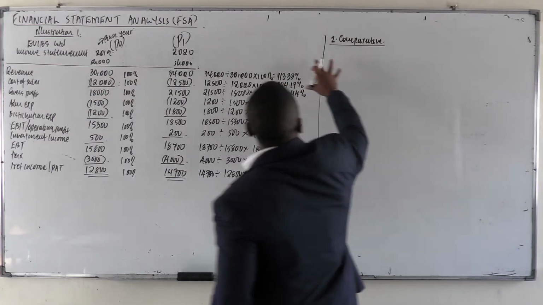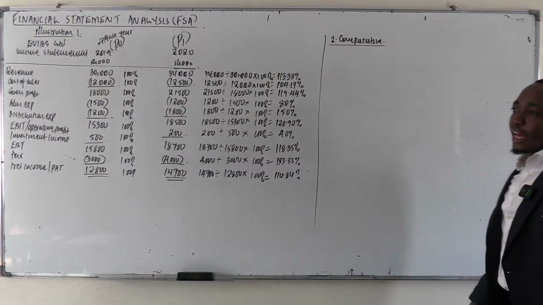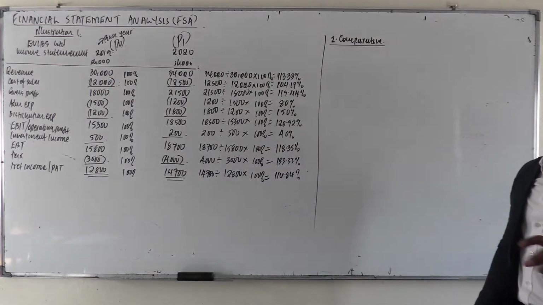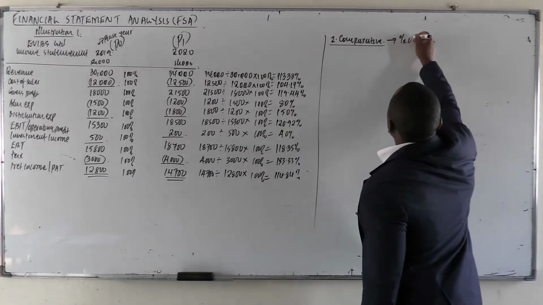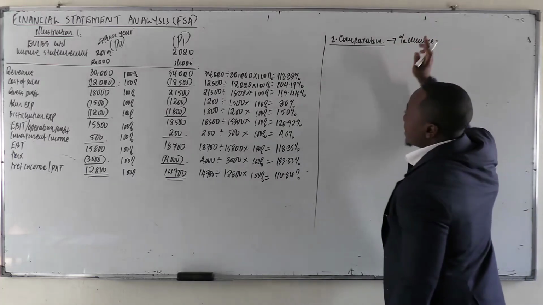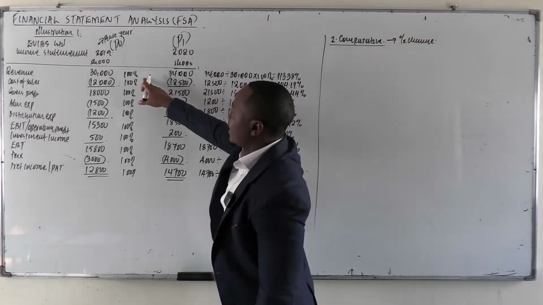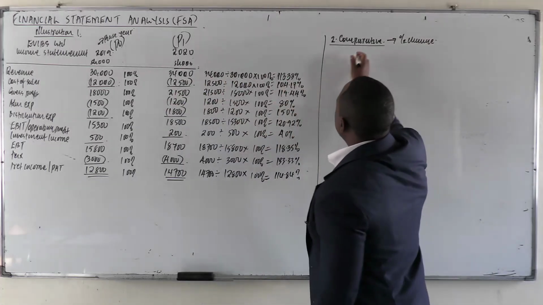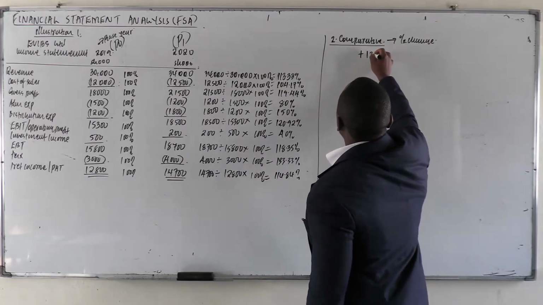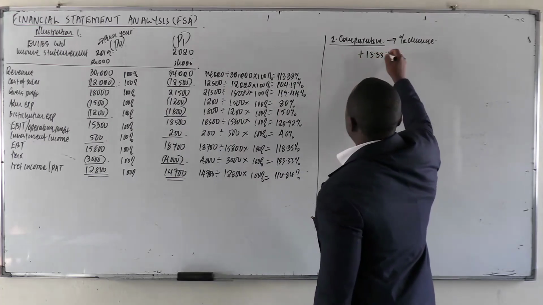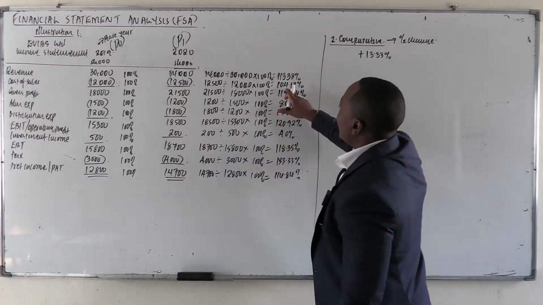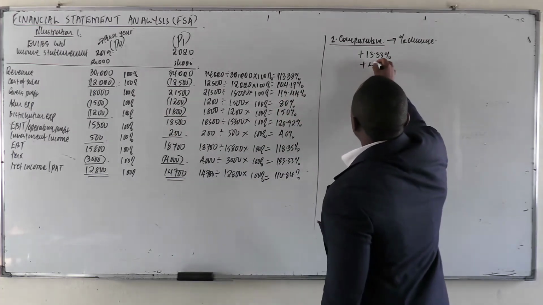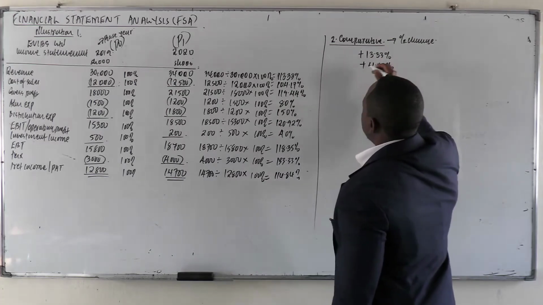Now, when it comes to comparative, what we need here is the percentage change. For example, this was 100%. This is 113. So that means there was an increase by 13.33%. This was 100%. This is 104. So there was an increase of 4.17%.